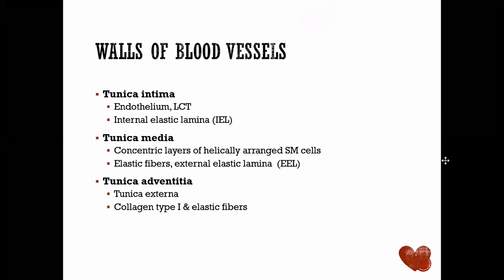The walls of the blood vessels, to repeat: you have your tunica intima with endothelium, loose connective tissue, and internal elastic lamina or membrane. And then you have your tunica media, concentric layers of helically arranged smooth muscle cells, and then you have your elastic fibers, and your external elastic lamina.